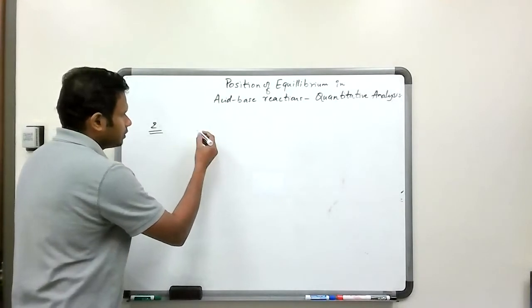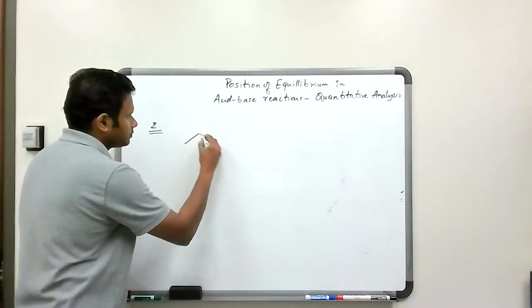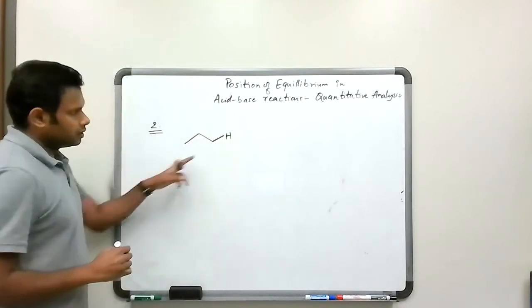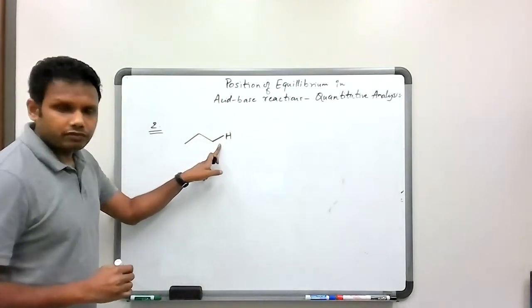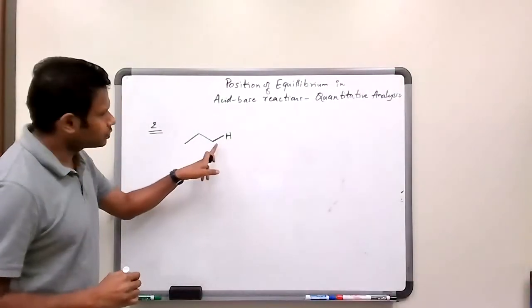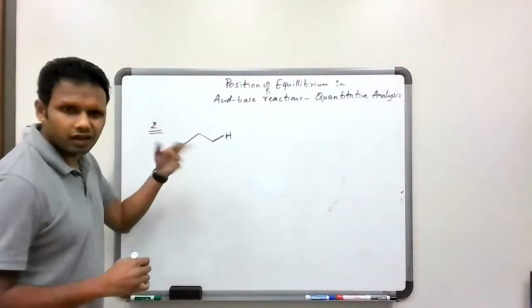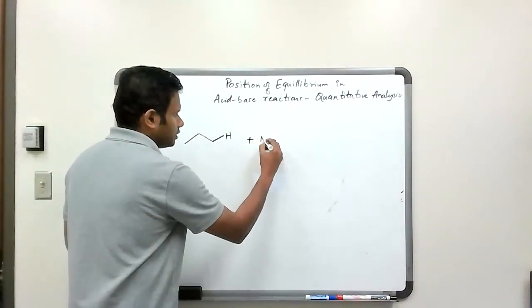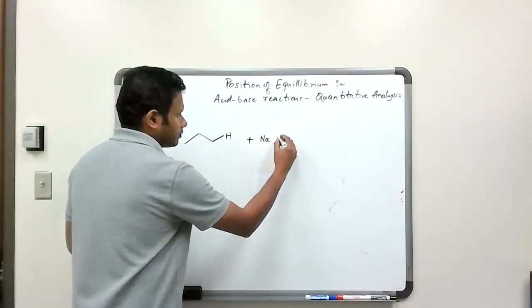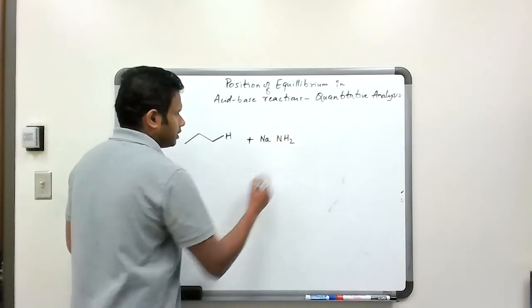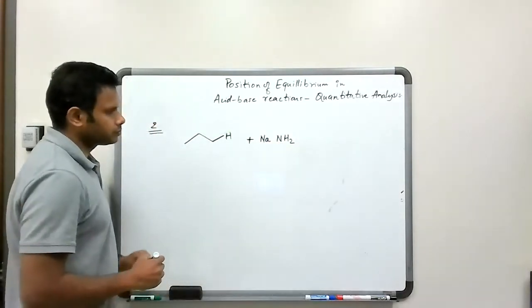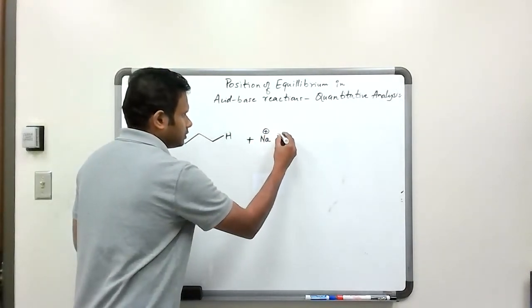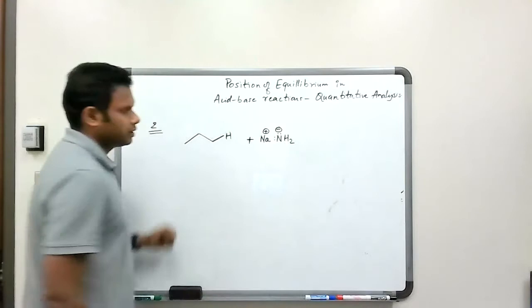So let's say we're looking at this carbon-hydrogen bond. So I've drawn out a hydrogen. I'm specifically saying this is the carbon-hydrogen bond that we're going to focus on. And plus we have Na+ and NH2 minus.